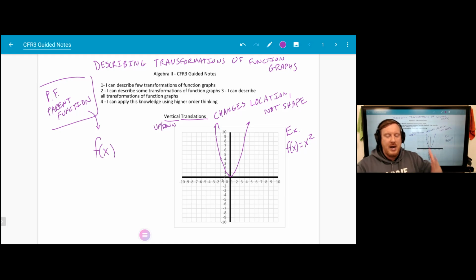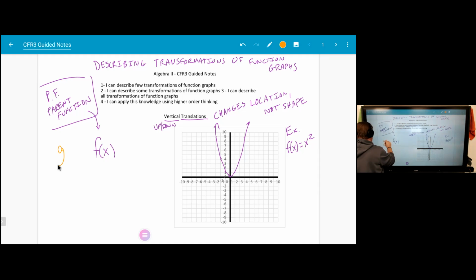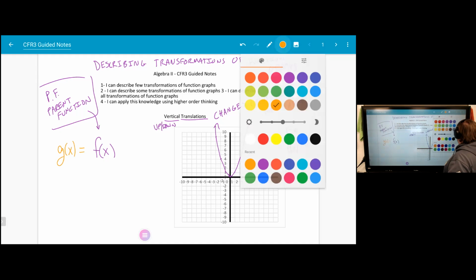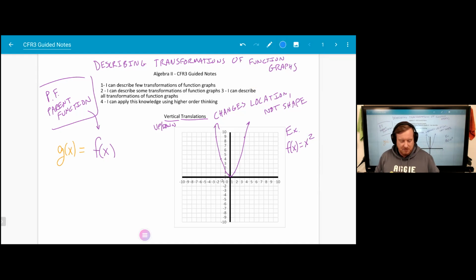I'm going to transform that into something new, how about g of x? What I'm going to do for vertical translations is add something or subtract something at the end.